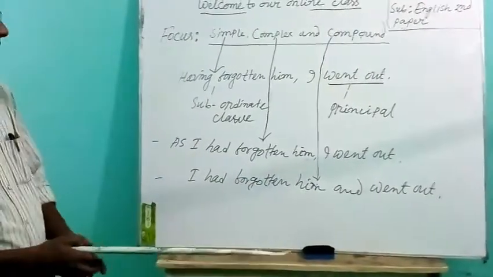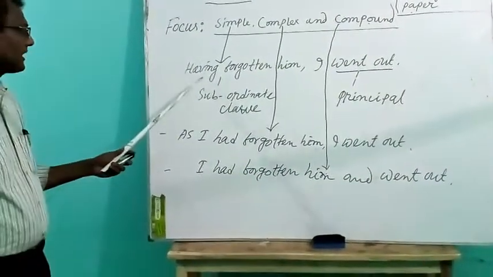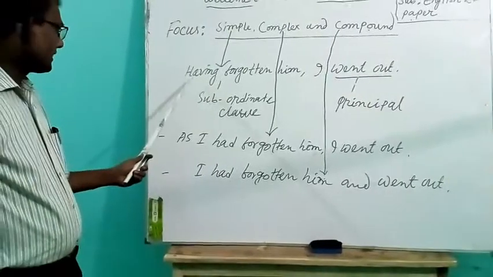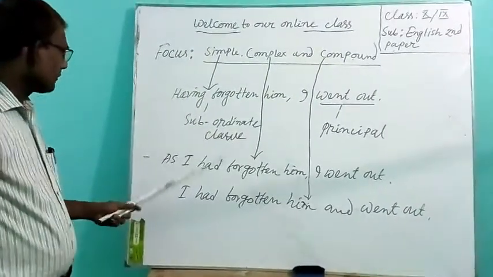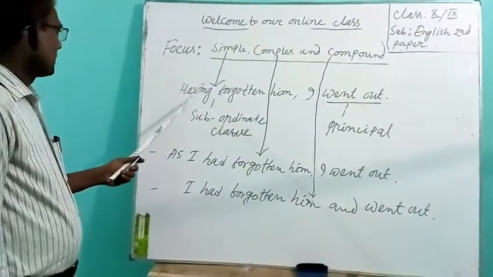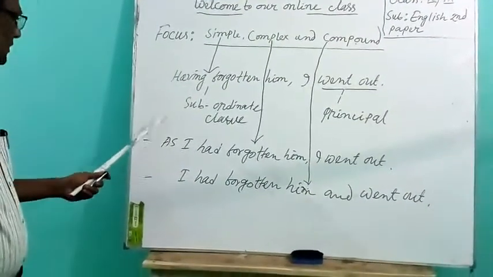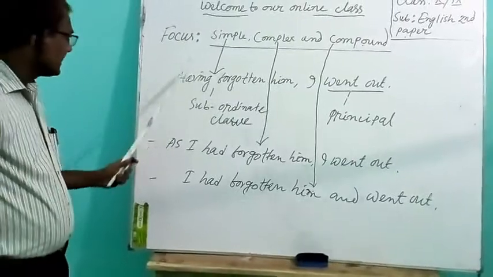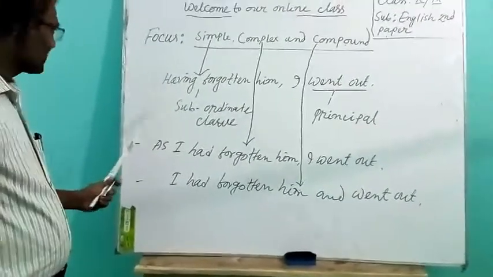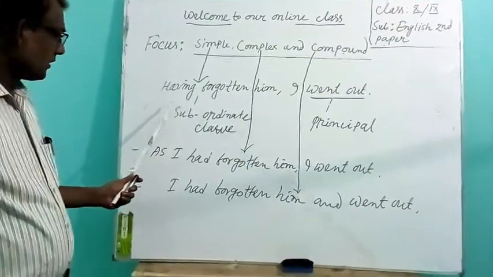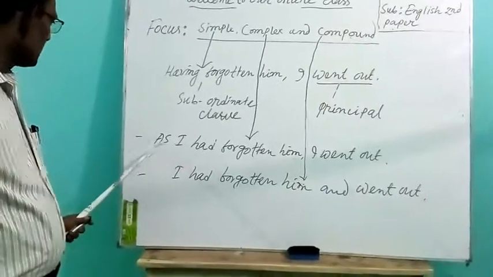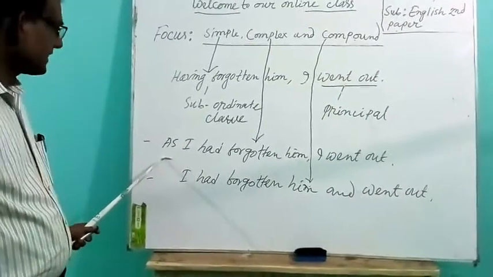So dear students, simple sentence: the subordinate clause is a participle phrase. This characteristic cannot be used in complex sentences.